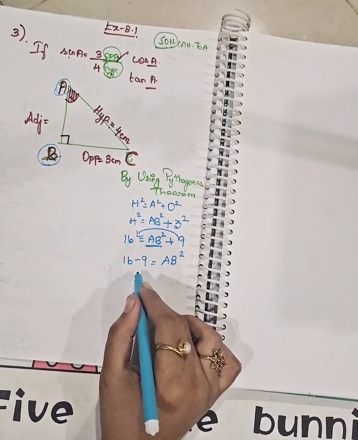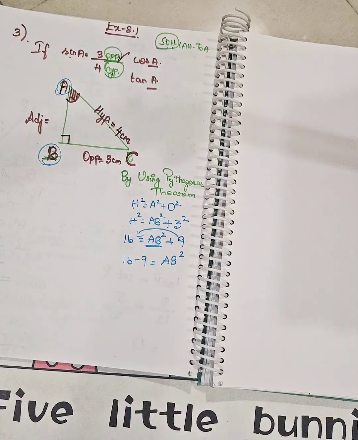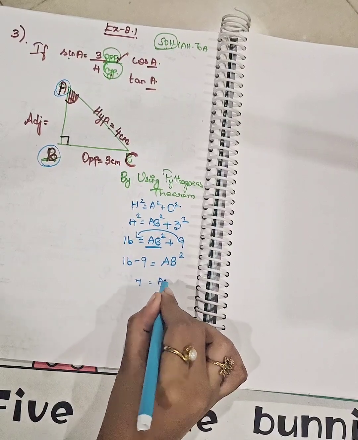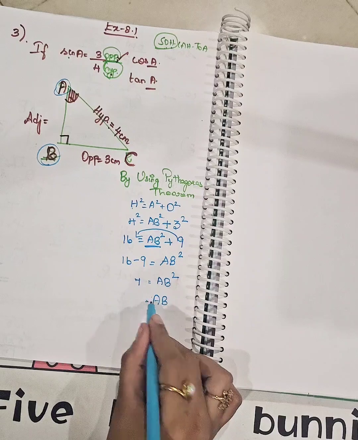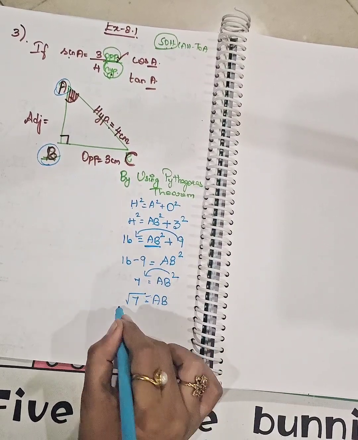The answer would be 7. So 7 is equal to AB square. So what will be AB then? The square will go here and become square root of 7.